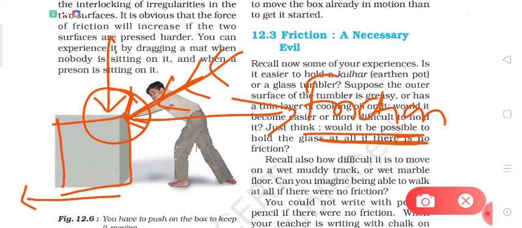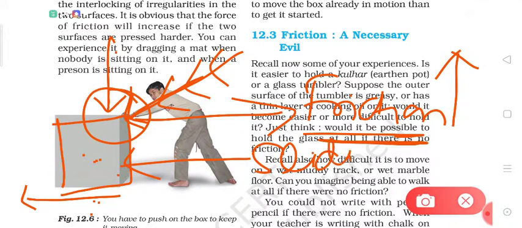So when something is at rest and it just starts to move, there is a larger force of friction working between the two surfaces which are in contact. But while something is moving, while something is sliding, you have to overcome a lesser amount of friction. That means sliding friction is lesser.